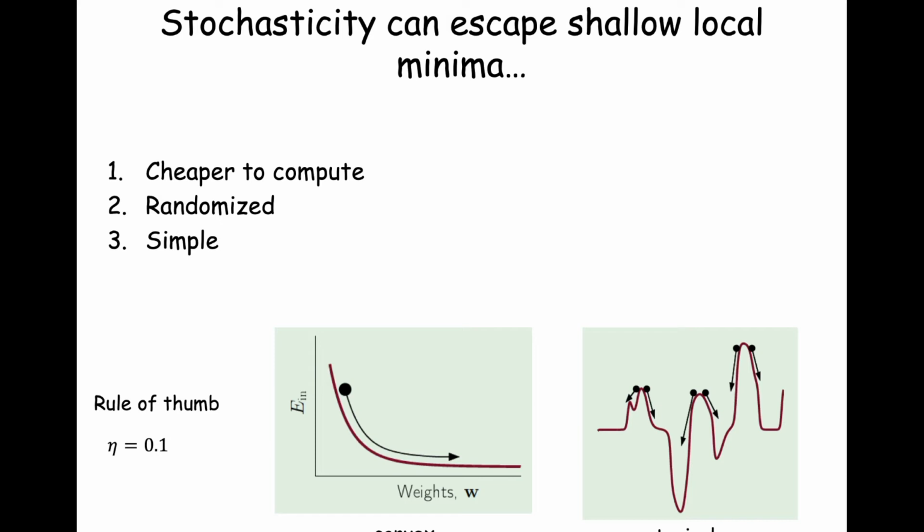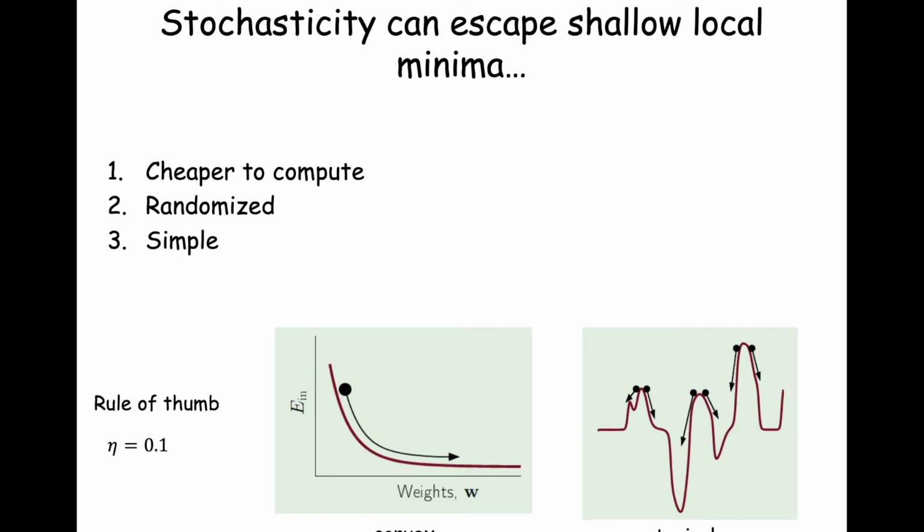And we made the assumption that this is a convex error surface, but in reality, error surfaces are not so straightforward. They're typically very complex, like we see here, the inset on the right-hand side of the screen.